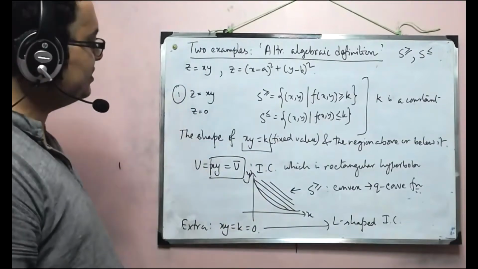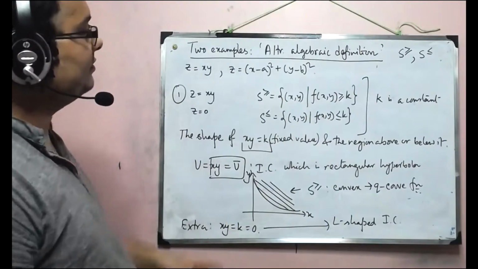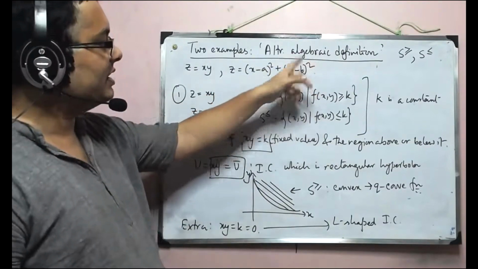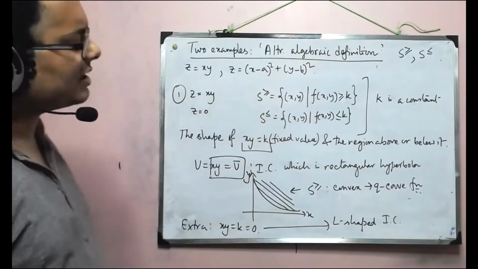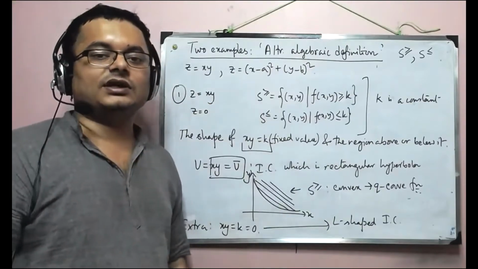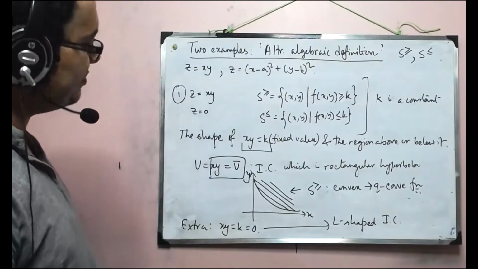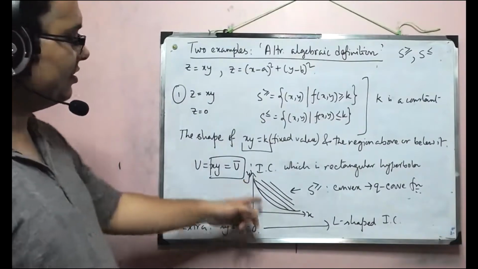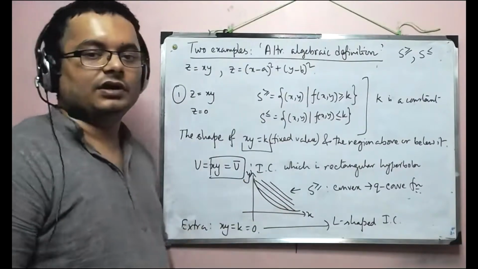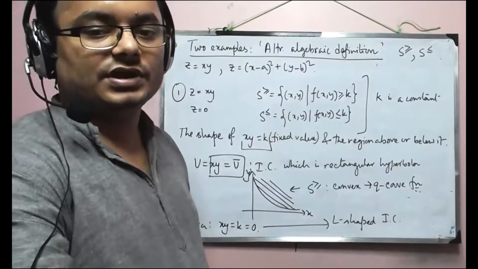But for the time being, the solution is pretty simple. Through this alternative algebraic definition, we actually talked about the IC that we draw all the time in consumer behavior. Here we have drawn one such. All right, now I'm going to share screen.